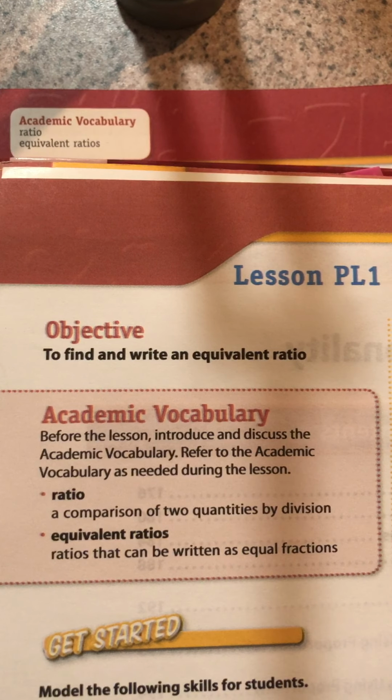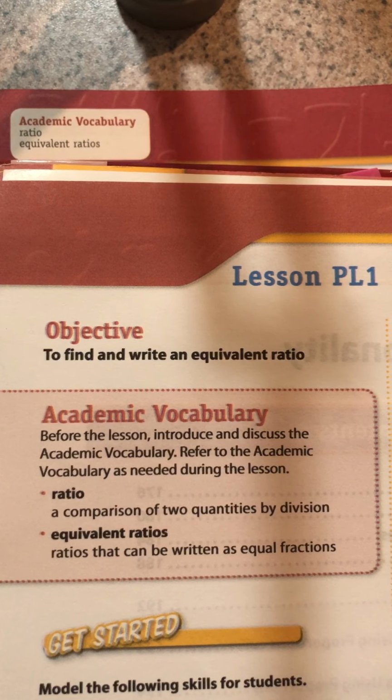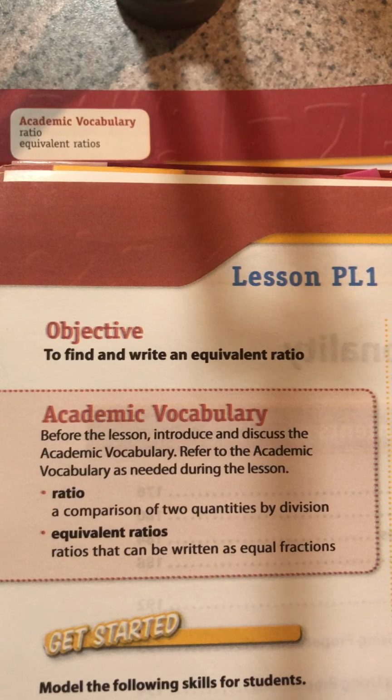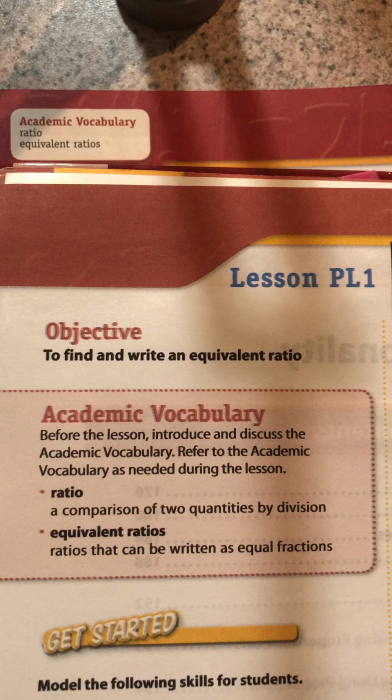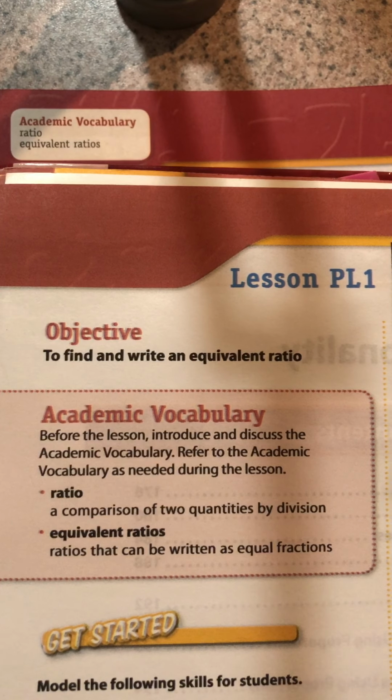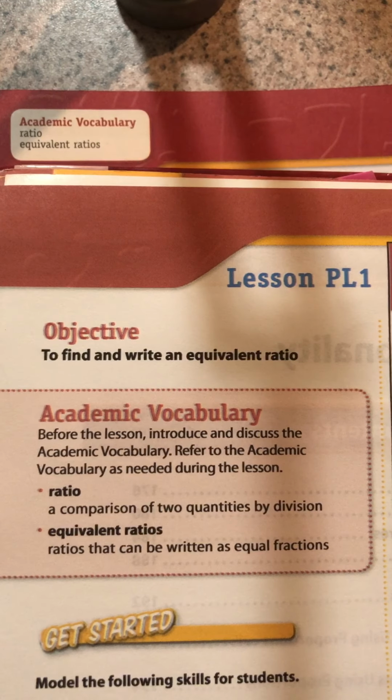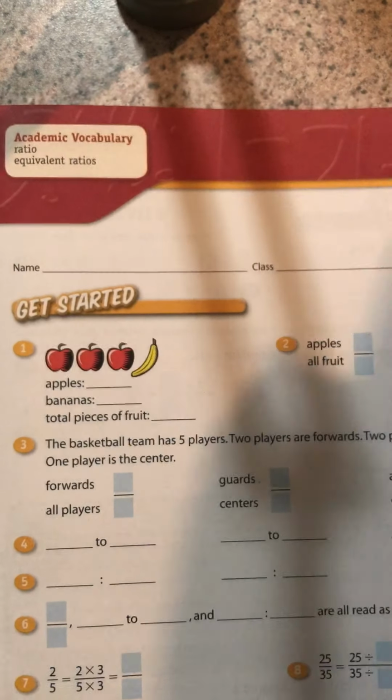A ratio is a comparison of two quantities by division, and equivalent ratios are ratios that can be written as equal fractions. You guys, we have already done this when you were learning all about greatest common factor and reducing and simplifying fractions. This is just an extension of that. So everything that you have already learned, you can use in this lesson, all right?